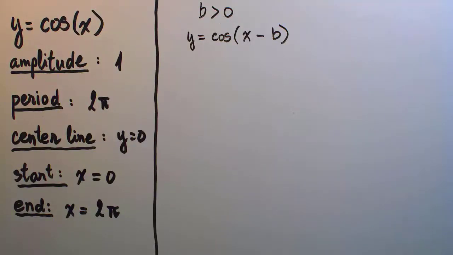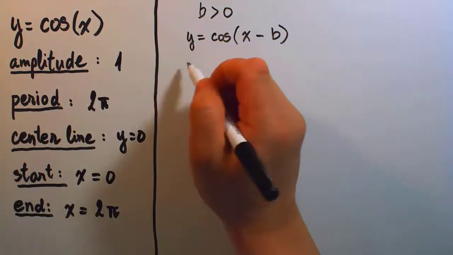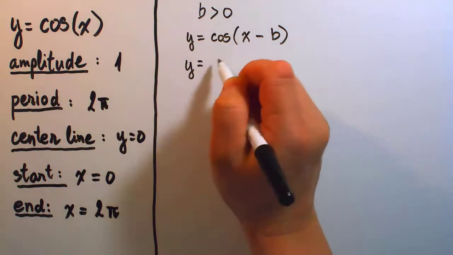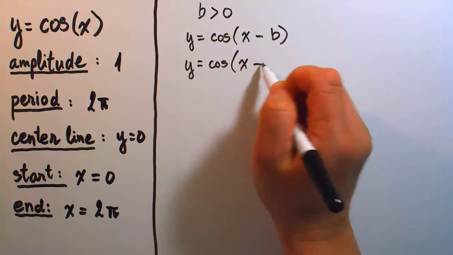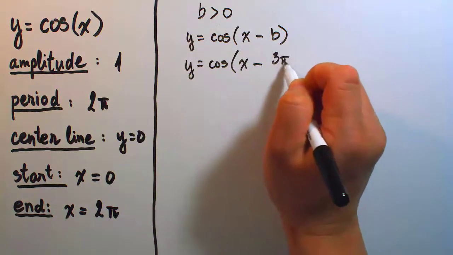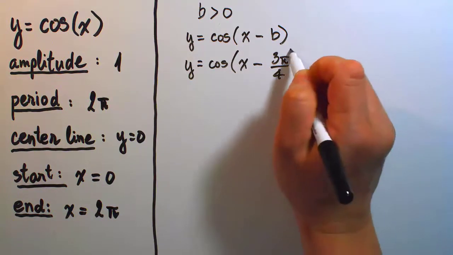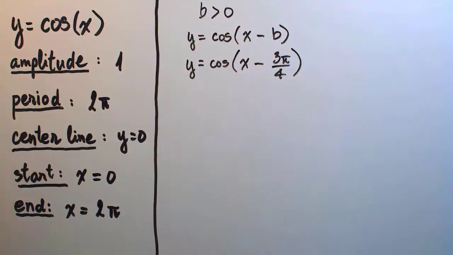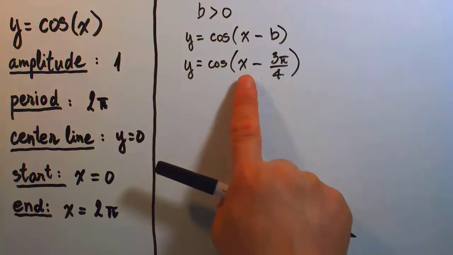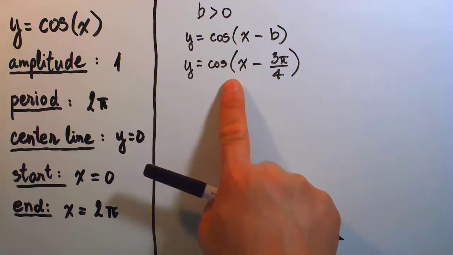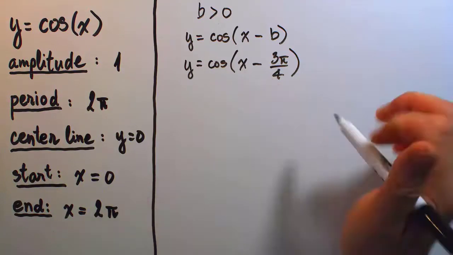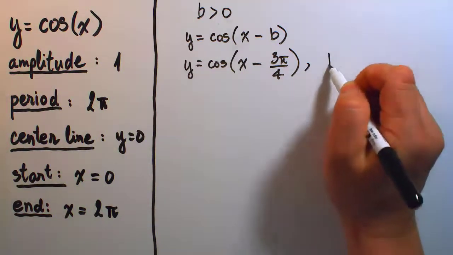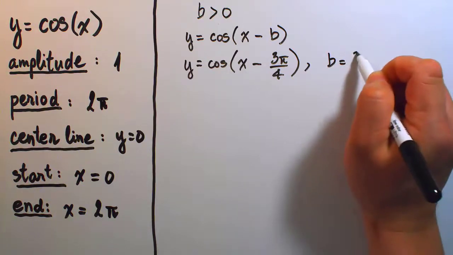As a different demonstration example, let's now look at cosine of x minus 3 pi over 4. Once again, in this setting, inside of our cosine function, we recognize the expression x minus 3 pi over 4. So apparently our b value here is 3 pi over 4.